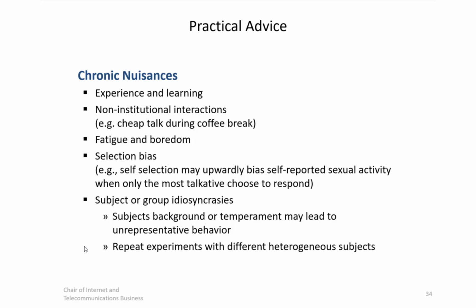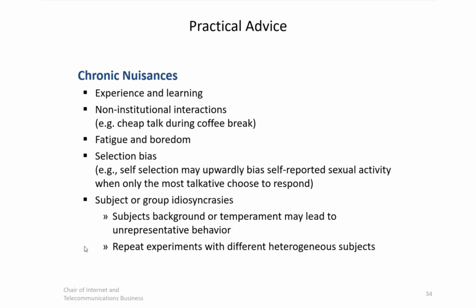Next is that there can be other interactions. For example, cheap talk during a coffee break. If there's a long experiment going on, and you offer the subjects a coffee break, they can go around and talk to each other, and that might affect their behavior later on in the experiment. Also, fatigue and boredom. If the experiment is boring or long, then the participants may just click on random things to finish the experiment and leave, right?